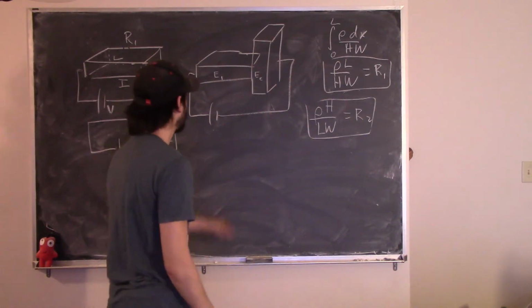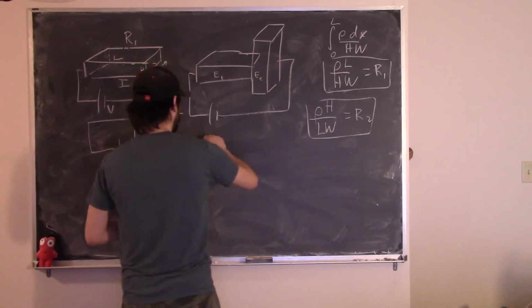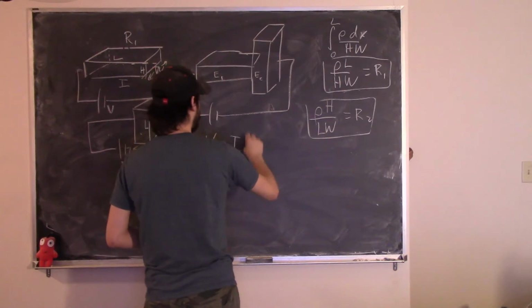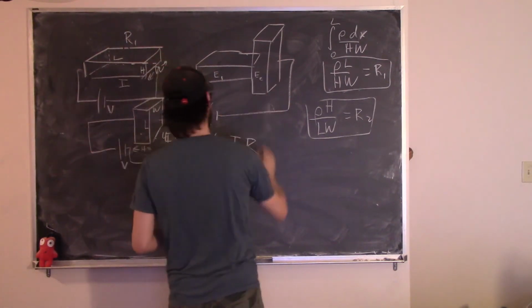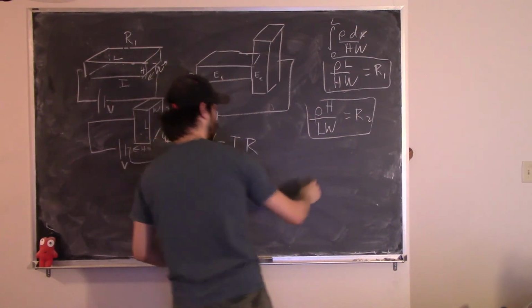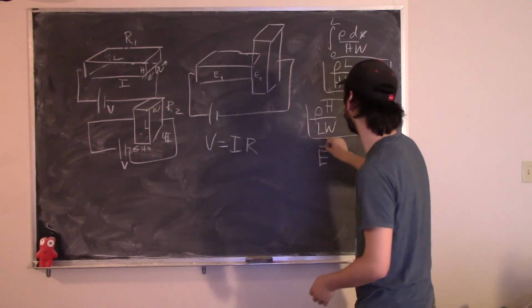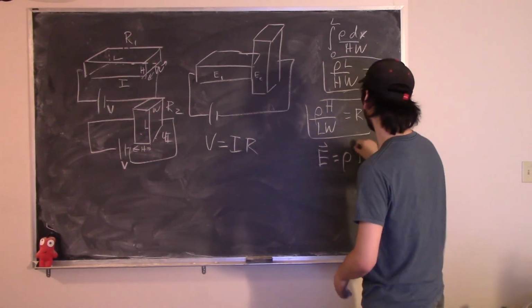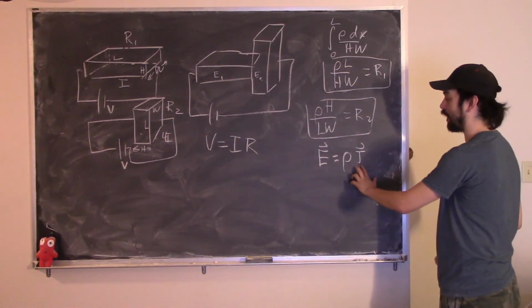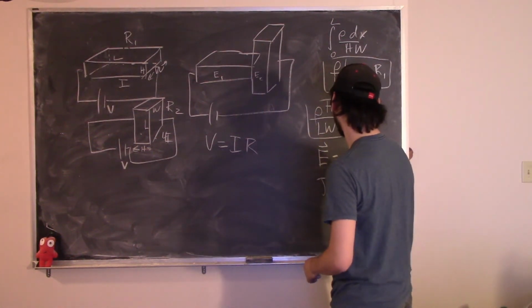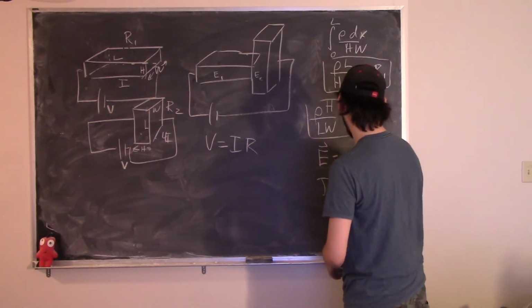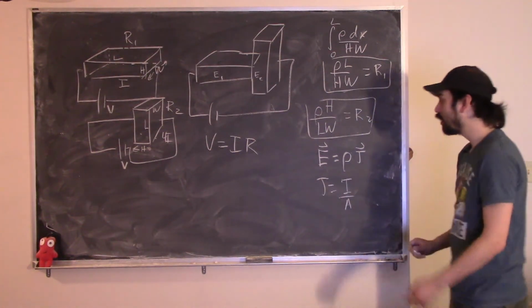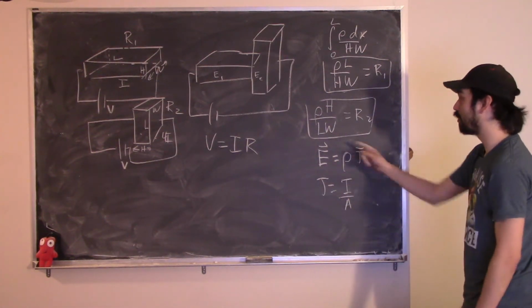Okay. So in order to do this, the first thing that we can do is find what the current is through each one of these. And the reason why I know we want to find the current is because to find the electric field, E is equal to rho J, and J is going to be equal to I divided by A ultimately. And the current's going to be the same in both of these.